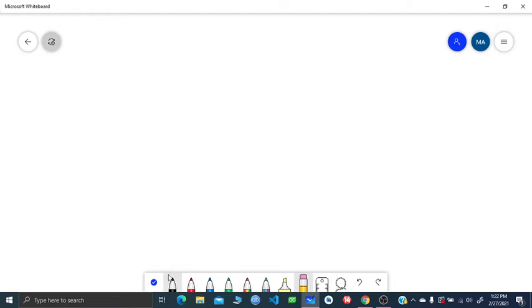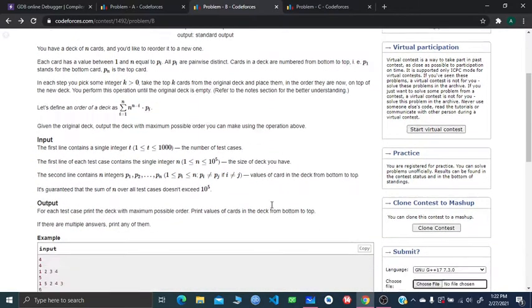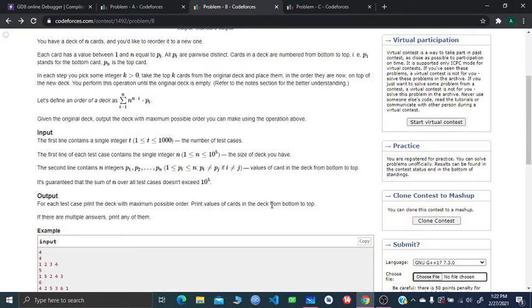So for problem B, in this problem you are given n cards. It's going to be a permutation. Every card number is going to be pairwise distinct, and in each step you're going to perform an operation on that card deck.